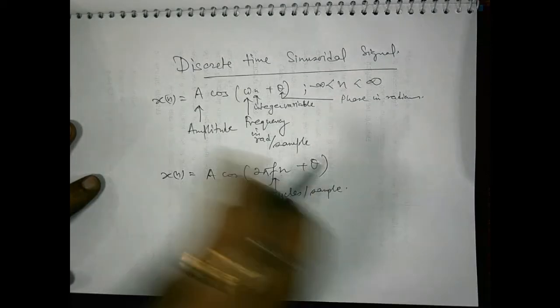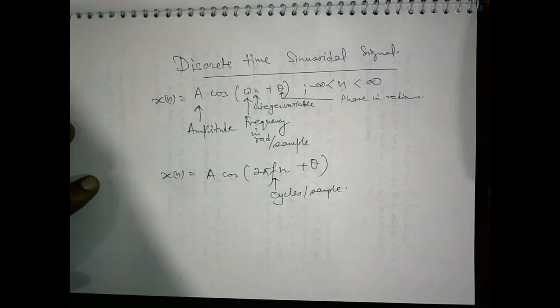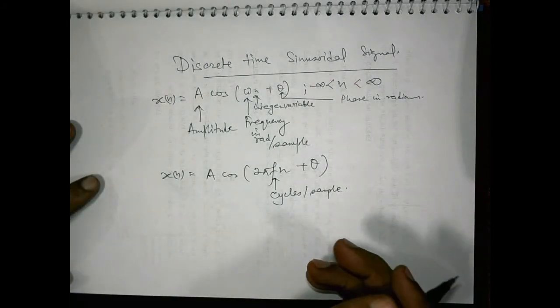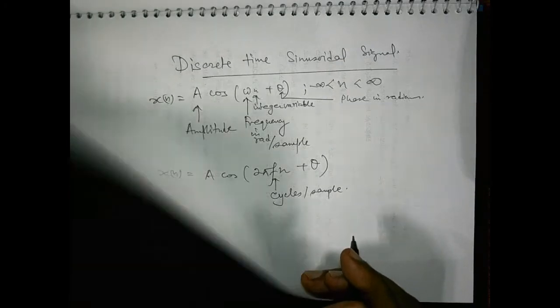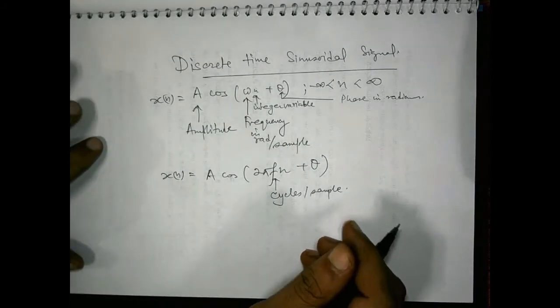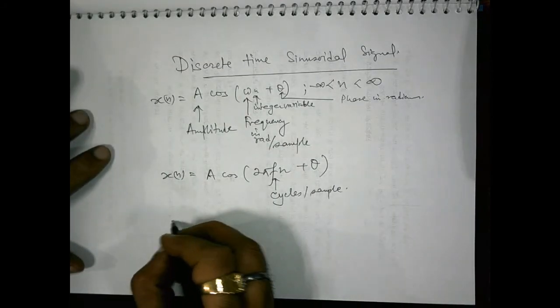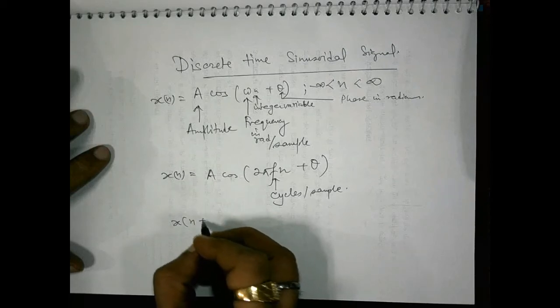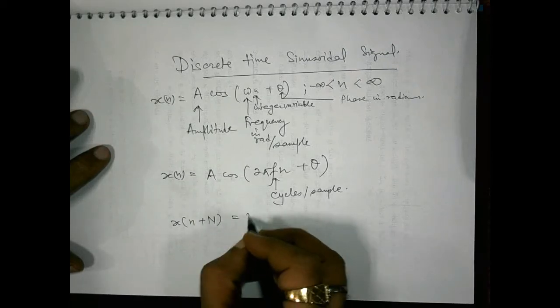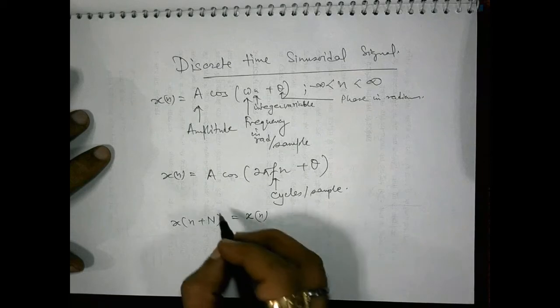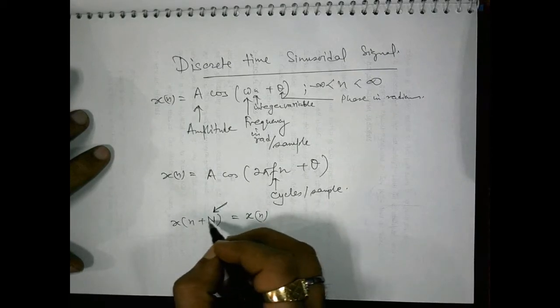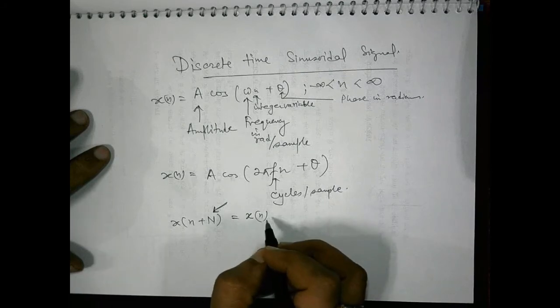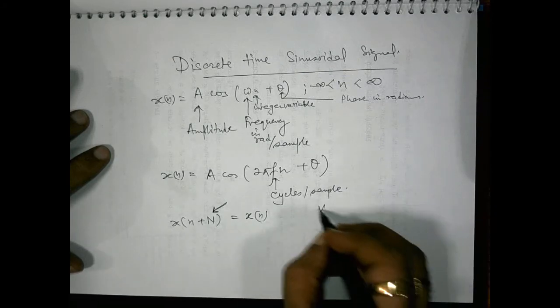So this is the discrete time sinusoid. Here I wish to see what the condition is for a discrete time sinusoid to be a periodic signal. For any signal to be periodic, if the same x[n] is found after some samples, then we say that the signal is periodic. This is for all values of n.